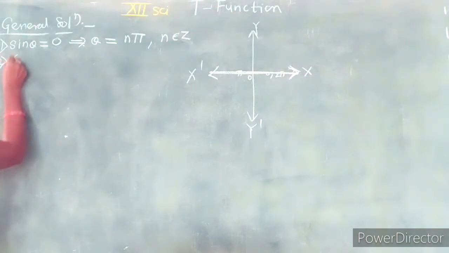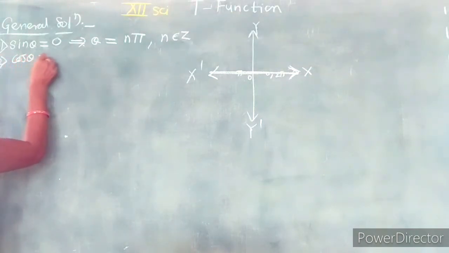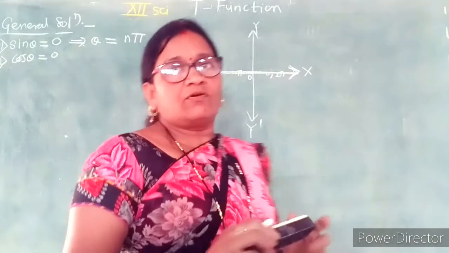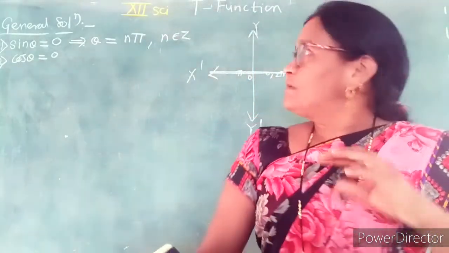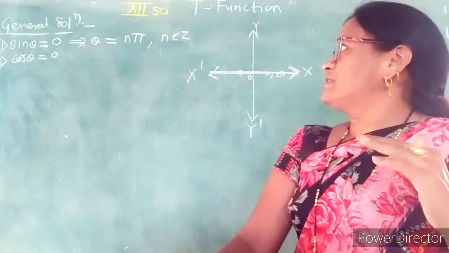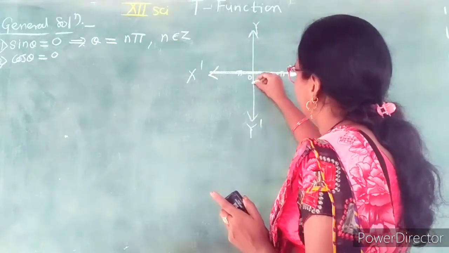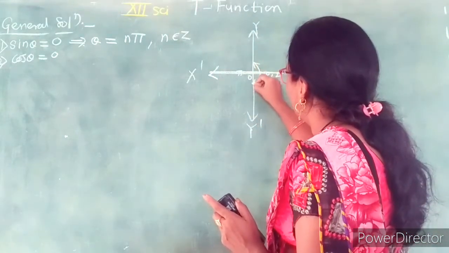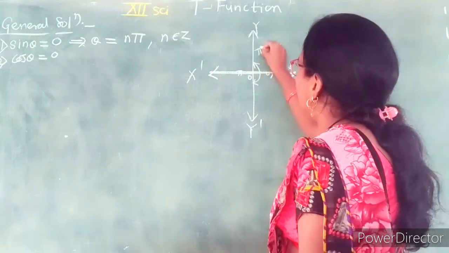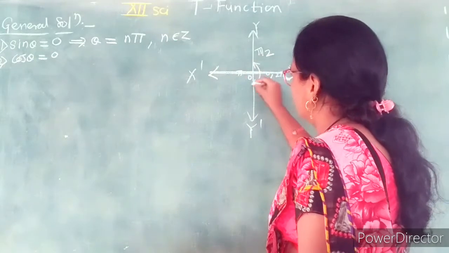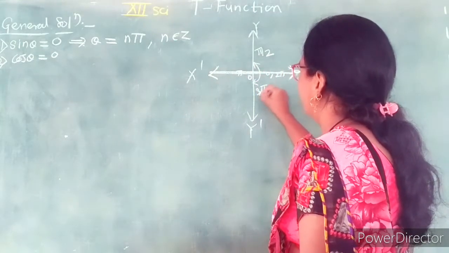Now the second equation, cosine theta equal to 0. For cosine theta we take the opposite case: the value of x is 0 along the y-axis, and along the y-axis the angles are multiples of pi by 2, because the first angle is pi by 2 and after completing this semicircle the angle is 3 pi by 2.